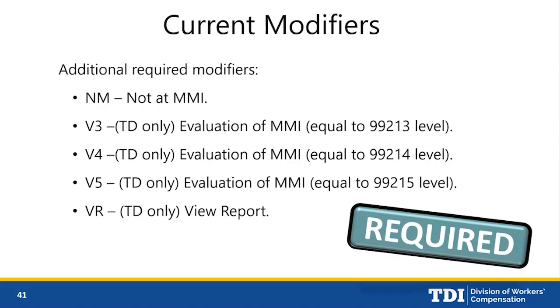So VR, that is also for the treating doctor only. That stands for View Report, VR. And you're going to take a look at any different doctor's certification and then indicate whether you agree or disagree with their findings on the DWC Form 69.